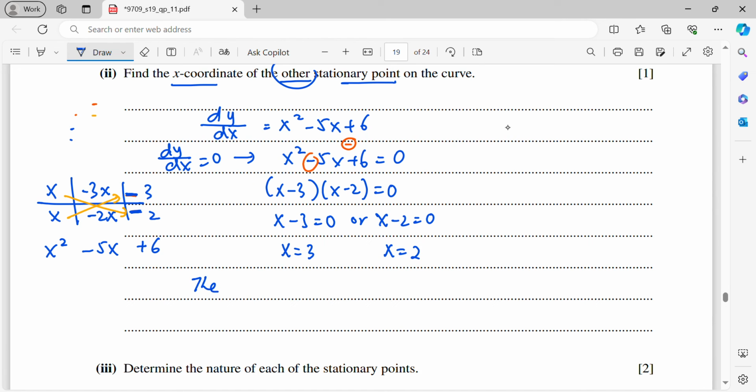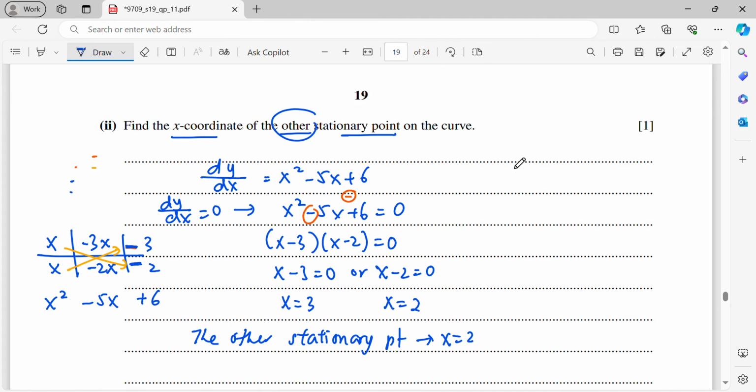So the other stationary point, that means the x is 2. Now I need to find out what my y is when x equals 2. Oh, no need, because the question is just asking for the x coordinate. Alright, so that is done for part 2.